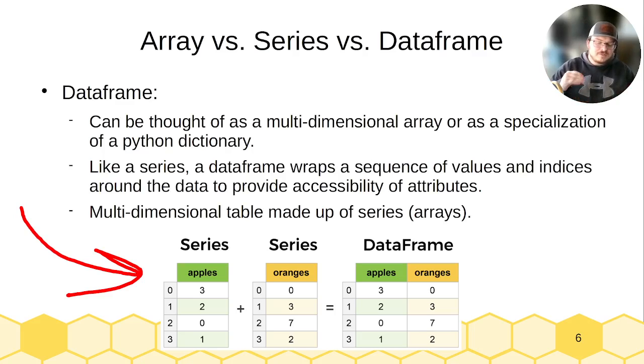So if each of those indices represents a person, and then we add another column to it. So the first column's apples, the second column's oranges, right? So now each of those names represents both apples and oranges and how many that person ate for the week. And then we can combine those all into a total data frame. So now we've got our names in one column, our apples in another column, our oranges in another column.